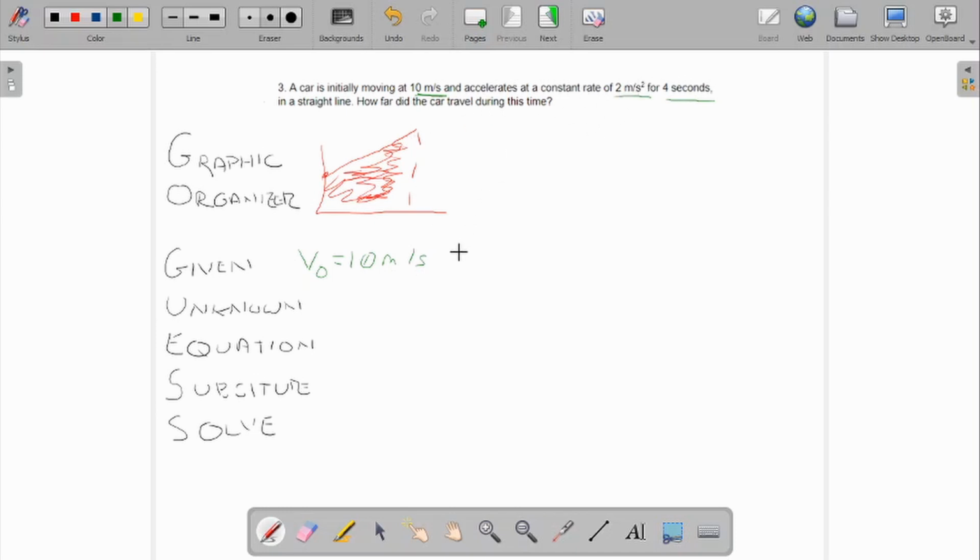The squared tells me it's an acceleration. And then the 4 seconds is a time. Secondly, I need to figure out what my unknown is. What am I looking for? How far is a good way to say displacement.